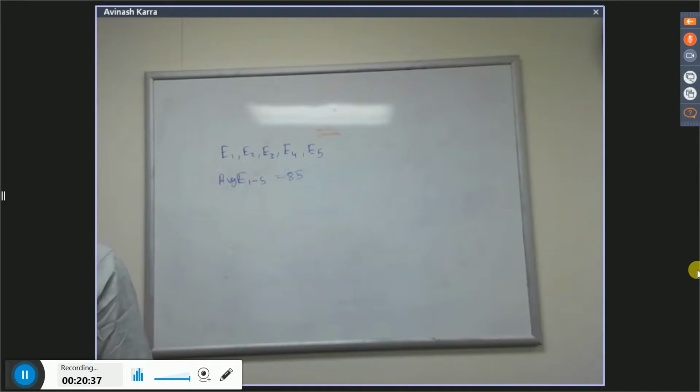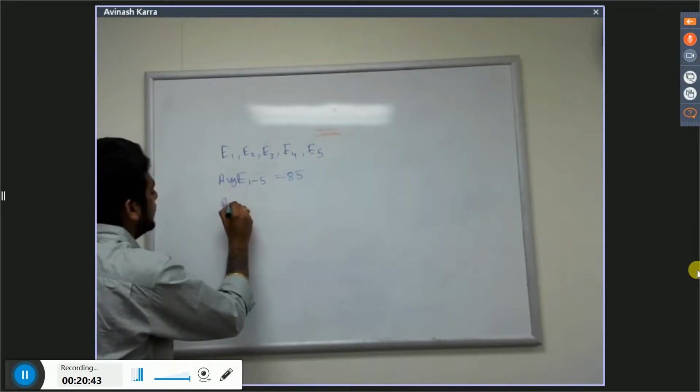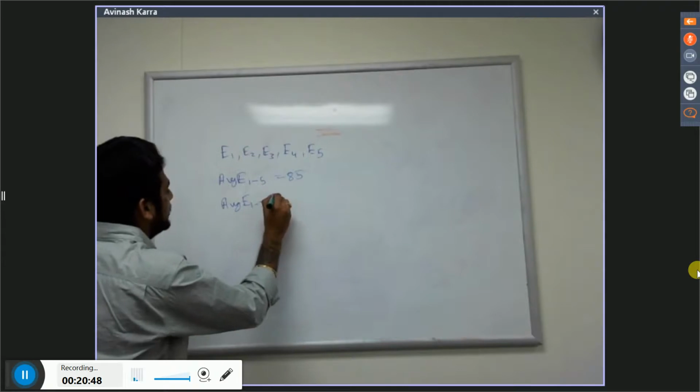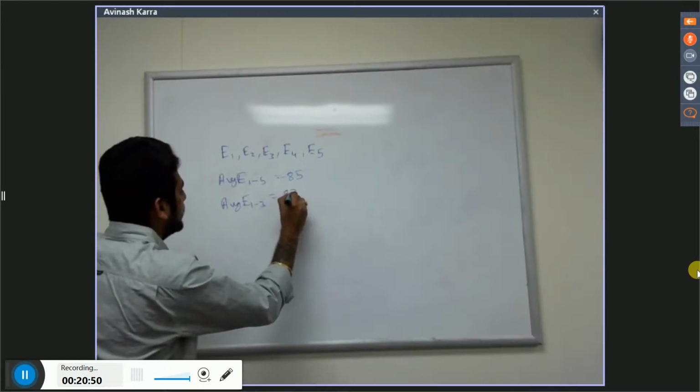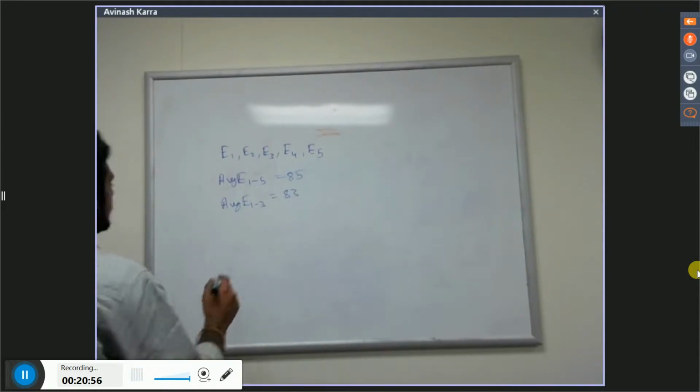If his average after the first 3 tests was 83, if his average after tests 1 to 3 is 83, what was the average for his 4th and 5th tests?